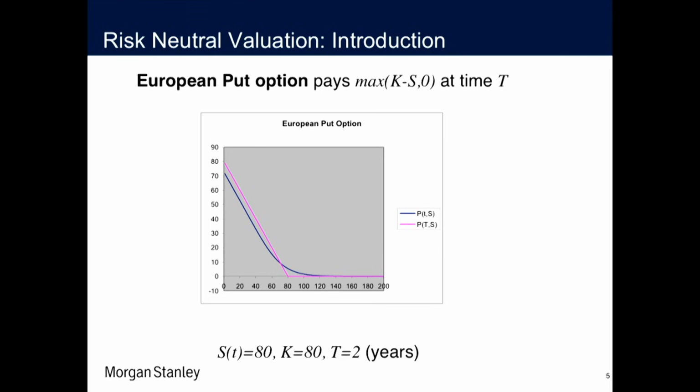Also a ramp function at maturity, and here is the current price. Again, if it's way out of the money, we expect it to be 0. If it's way in the money, we expect it to be slightly below forward, just because of discounting.